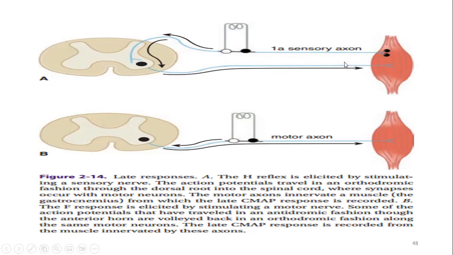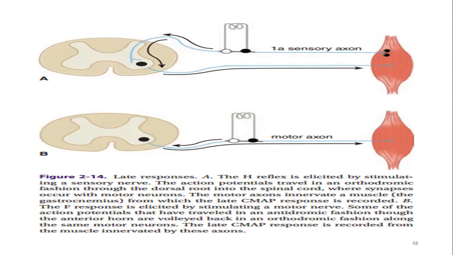In that case, we will see the reflex response on the muscle, which will be recorded. The H reflex is usually done on the tibial nerve specifically. That's how we record the function of the proximal muscles.